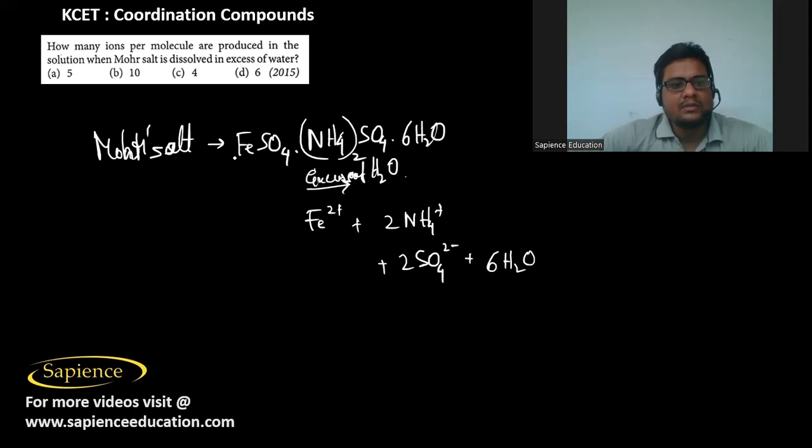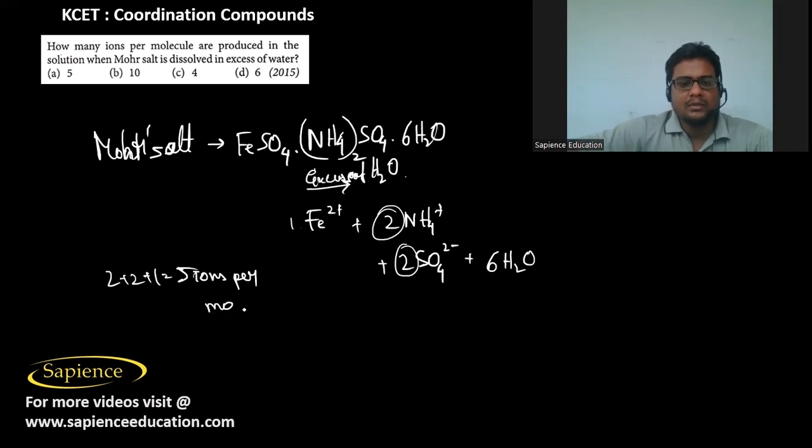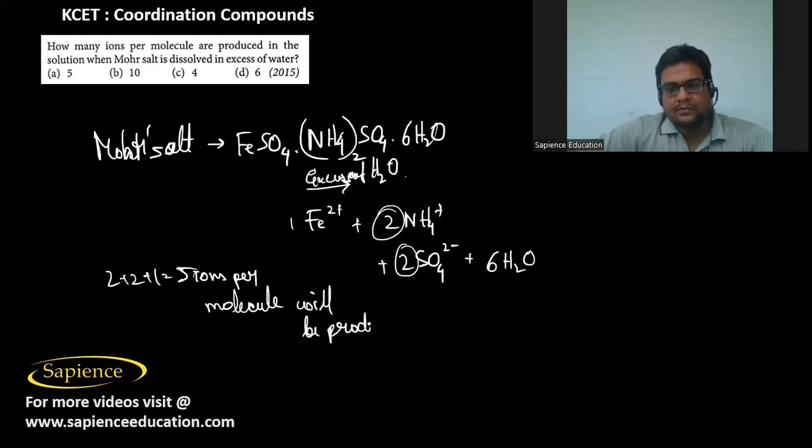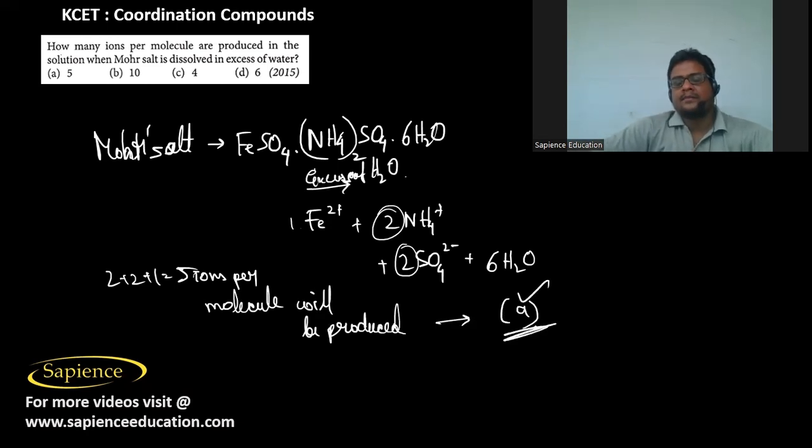So it means that 5 ions per molecule will be formed, since it is 2 plus 2 plus 1. So 5 ions per molecule will be produced. So option A is the correct answer.